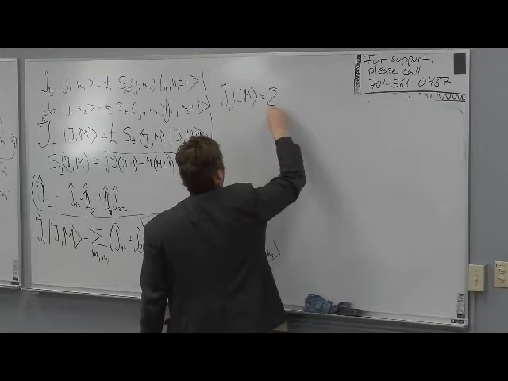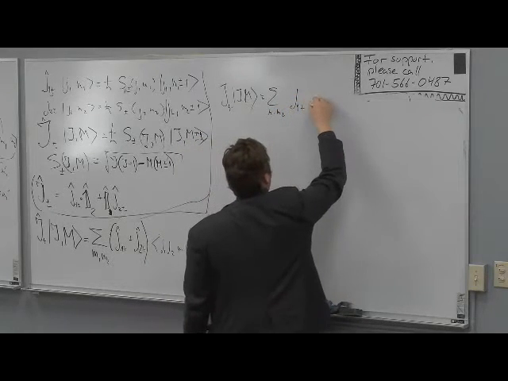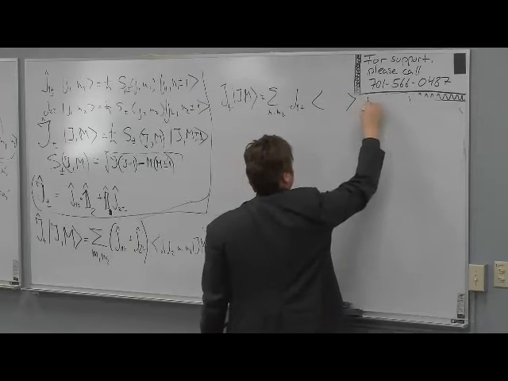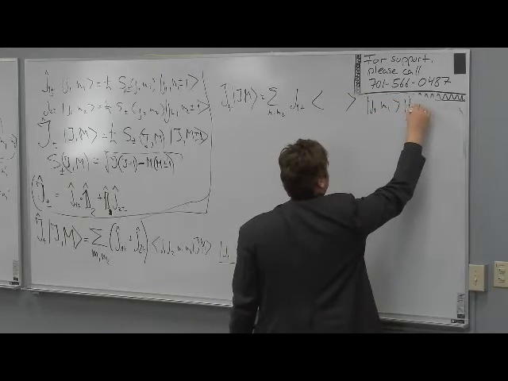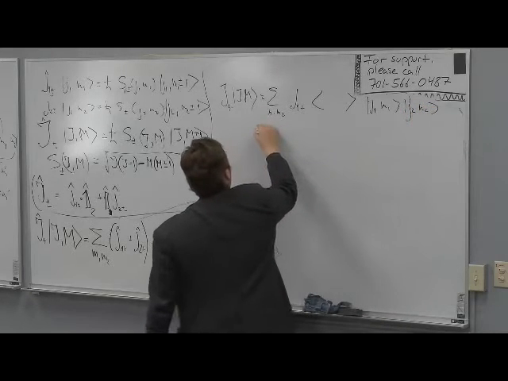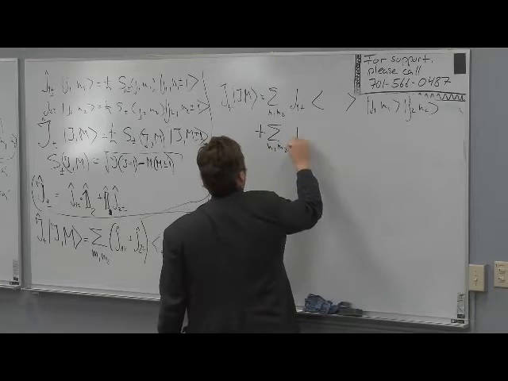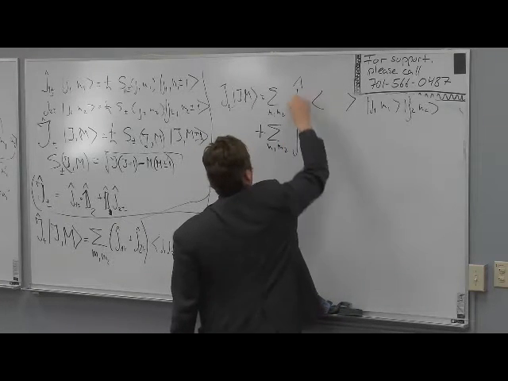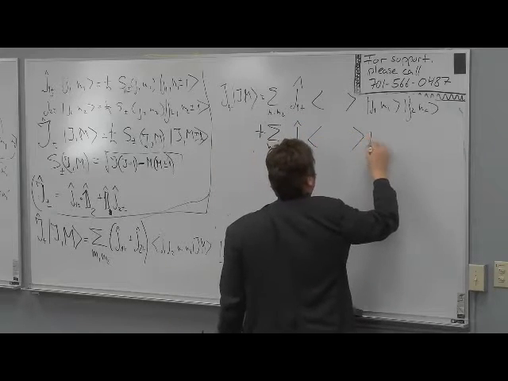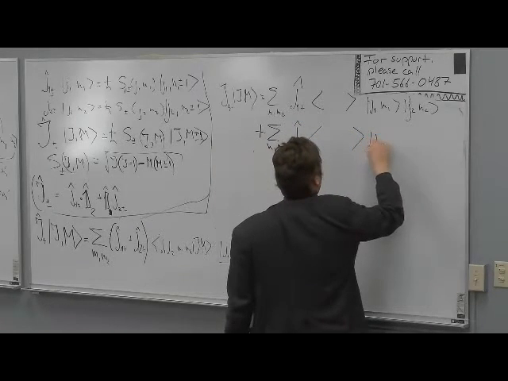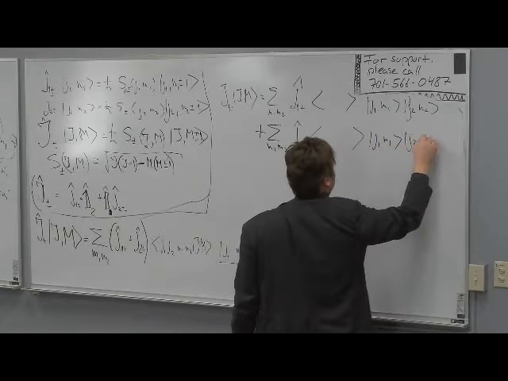Summation over M1 and M2, J1 plus this stuff, plus summation over M1 and M2, J2 plus, again with the coefficients and J1 M1, J2 M2.